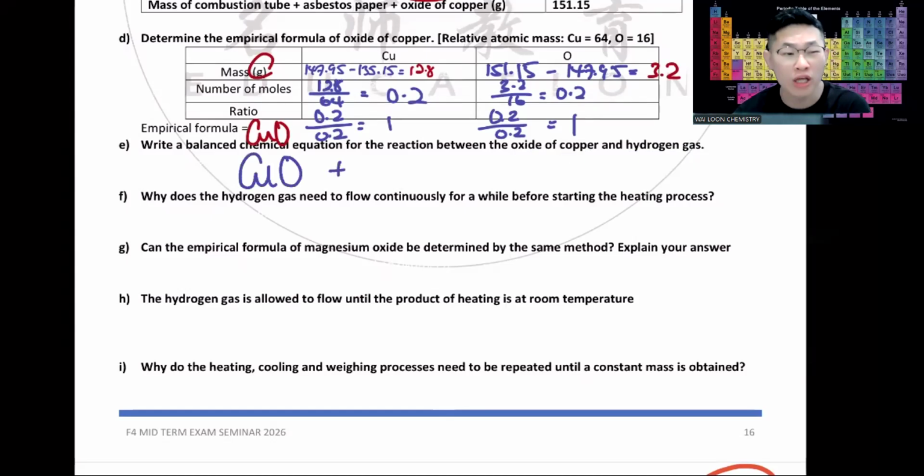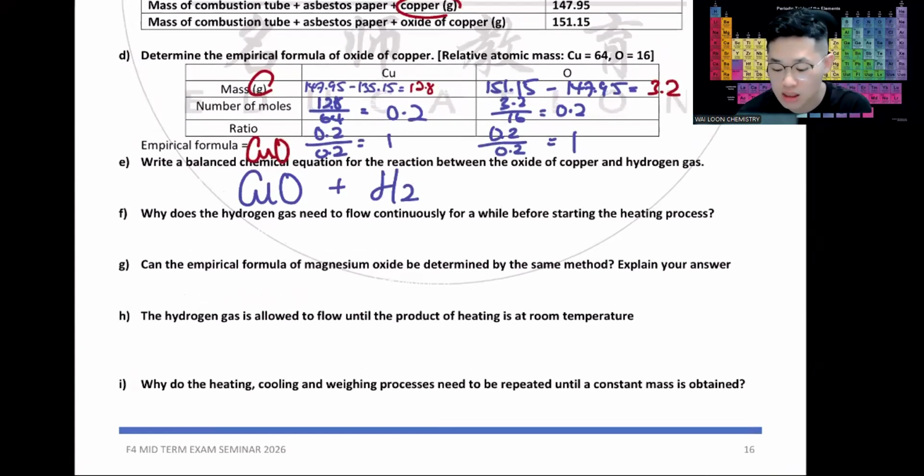CuO is the weak man. Hydrogen, will the relative atomic mass be given? Yes, relative atomic mass will be given for sure.